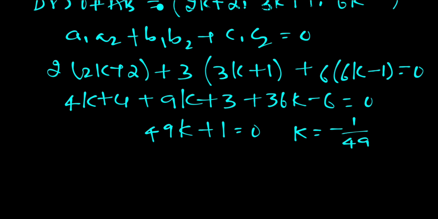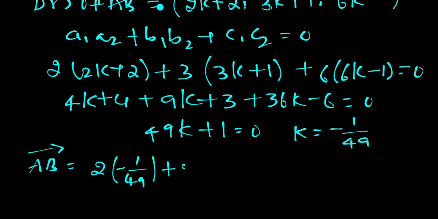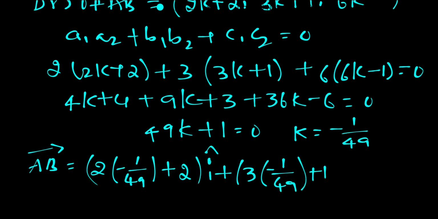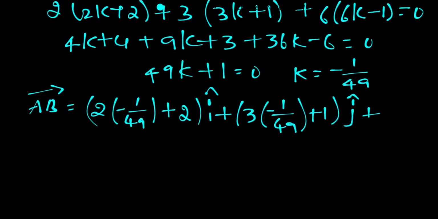So now we have to find the AB bar vector. AB bar is equal to 2k plus 2 direction ratios into I cap: 2 into minus 1 by 49 into I cap plus 2 into I cap plus 3 into minus 1 by 49 plus 1 into j cap plus 6 into minus 1 by 49 minus 1.